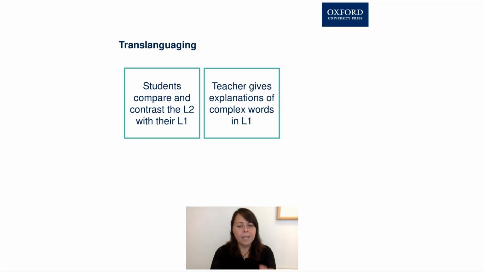Another way to introduce translanguaging is that students give examples of complex words in L1. When I started teaching, we were very much encouraged to never use L1. And I was teaching in the Czech Republic, so I didn't speak Czech anyway. So it was easy for me never to use it.